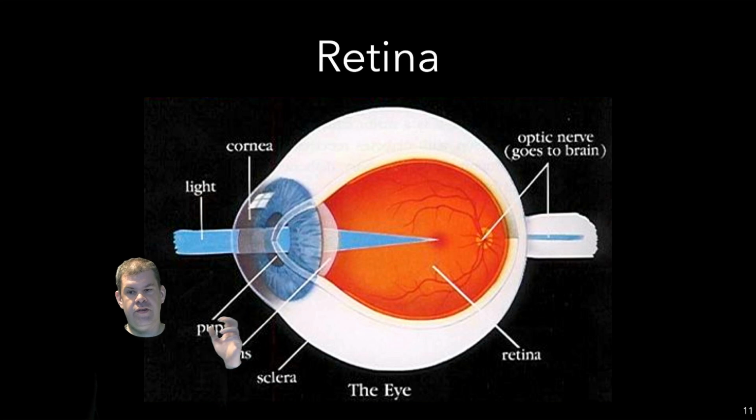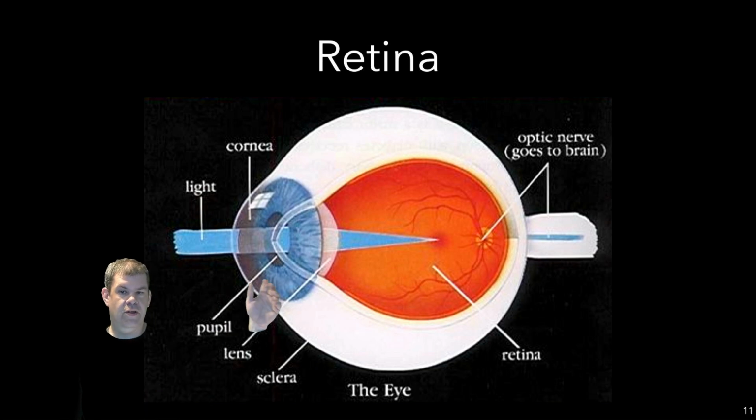A few interesting things: the cornea is really the thing that does most of the focus work, not the lens. The lens is just for adjustment, the cornea is the piece of hardware that does most of the focus, and the lens just does tiny adjustments.